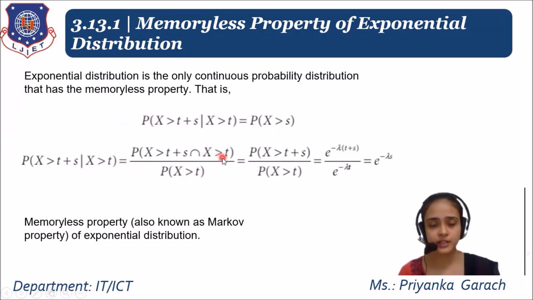Since x greater than t plus s is already a subset of x greater than t, I can directly write the probability of x greater than t plus s divided by the probability of x greater than t. This is my formula of the cumulative distribution function. Just put in the formula, and the final result you will get is e raised to minus lambda s.